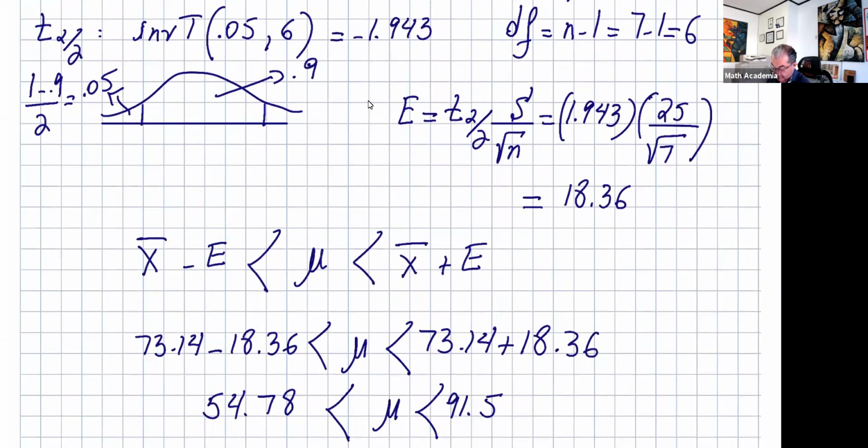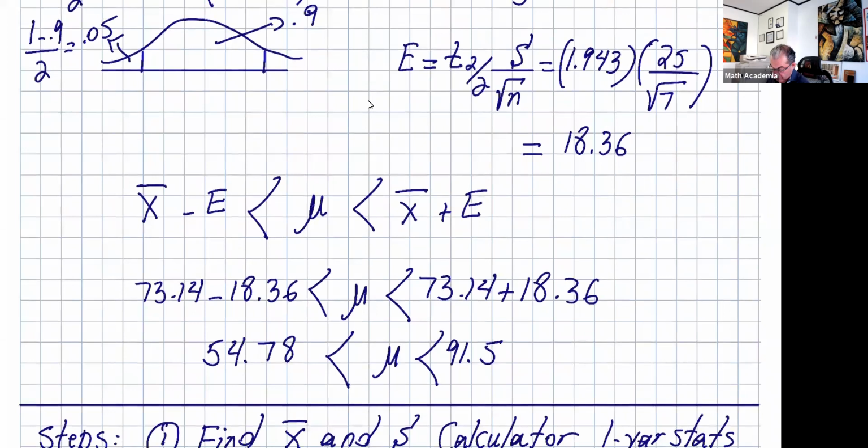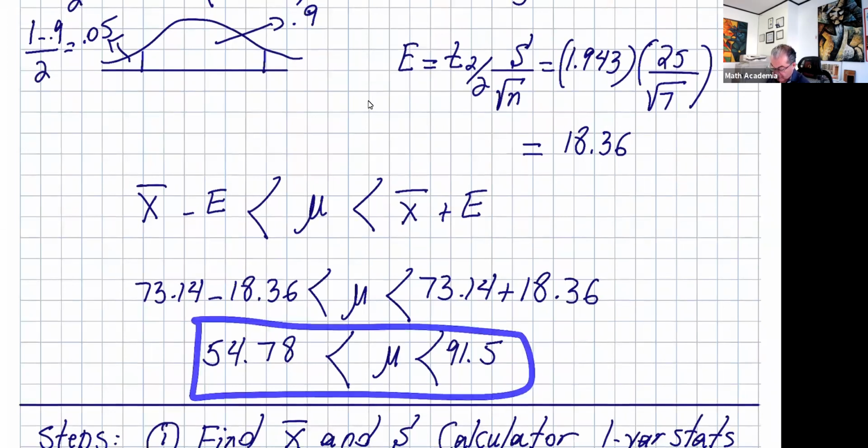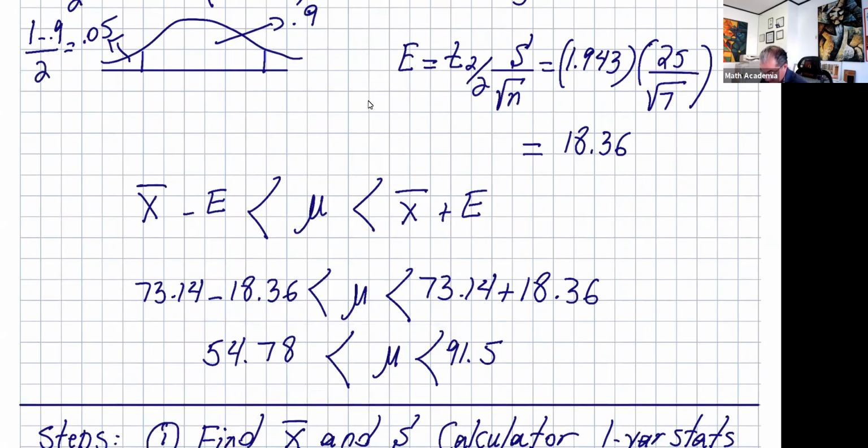Writing the interval again, it's x bar minus E, which is 73.14 minus 18.36, less than mu, and that's less than 73.14 plus 18.36. So you get 54.78 less than mu and less than 91.5.